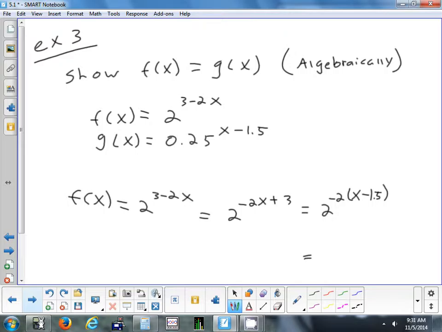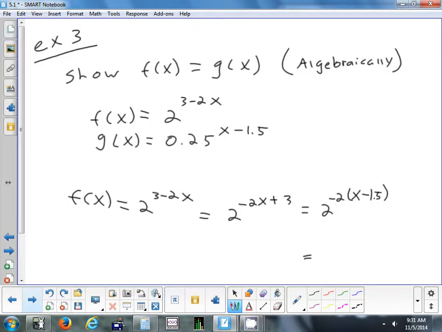That will happen, and it's a rule we actually went over when you have a base raised to a negative power. 2 to the negative second is 0.25. What's the rule to fix a base with a negative exponent? What do you actually end up doing? We're moving something. Yeah, you flip it.